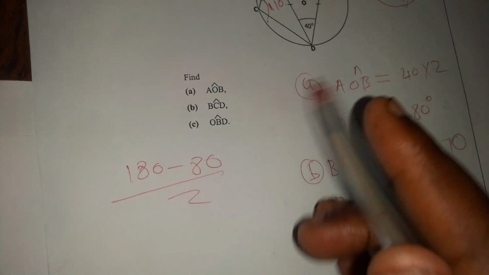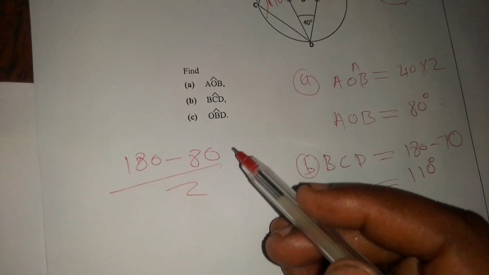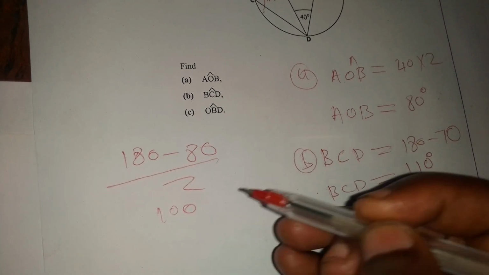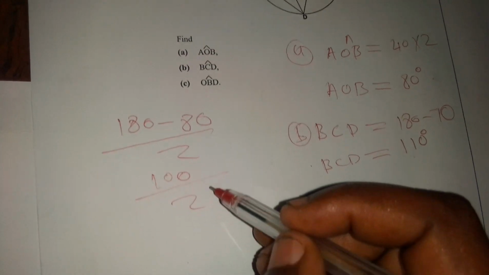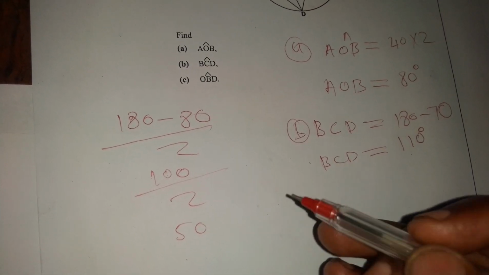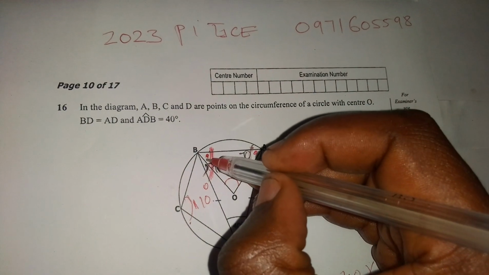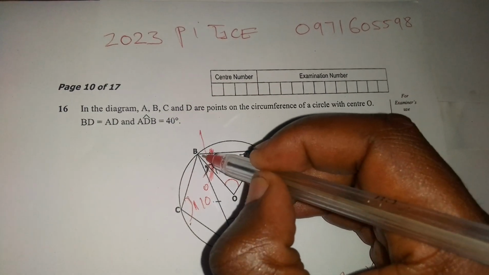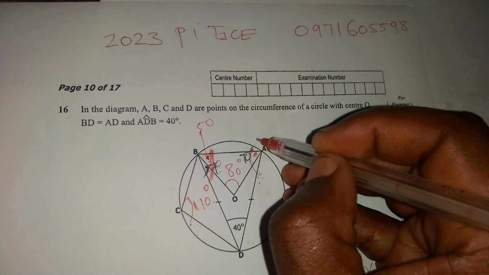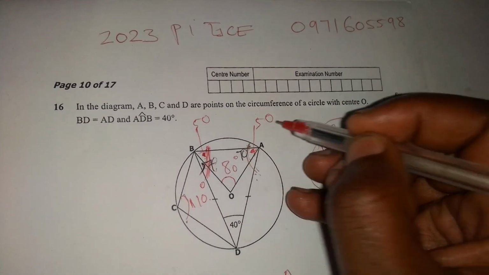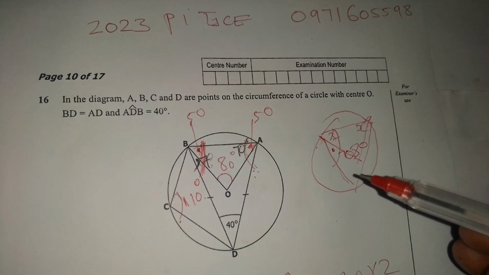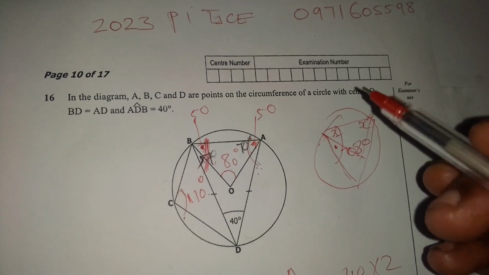So 180 minus 80, that is 100. So 100 divided by 2, I'll find 50 degrees. Meaning that here, where there are dots, here there is 50. Here there is 50 degrees. Also here there is 50 degrees. You see that? I've put them outside due to space.